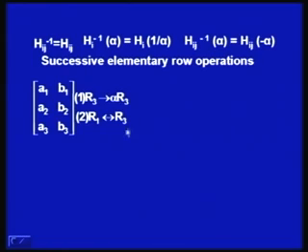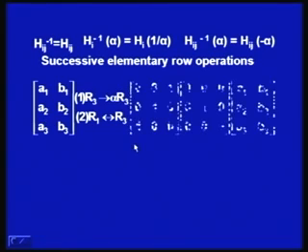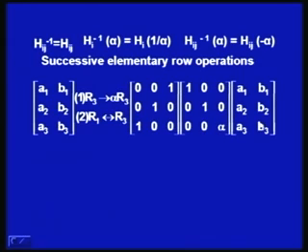Now, these 2 successive operations can be performed on this matrix, and we will get this matrix. What is this? This matrix is nothing but H3 alpha, and this matrix is nothing but H13. So, these are the elementary row operations.